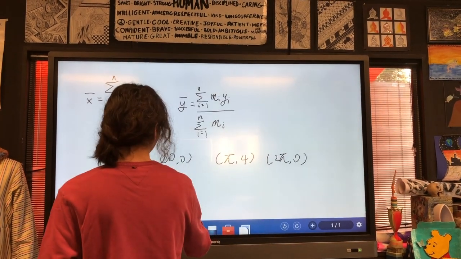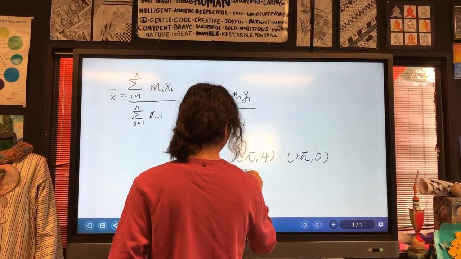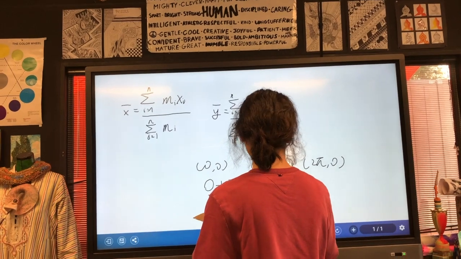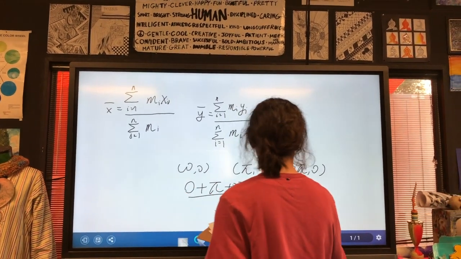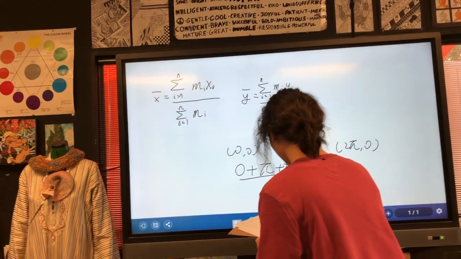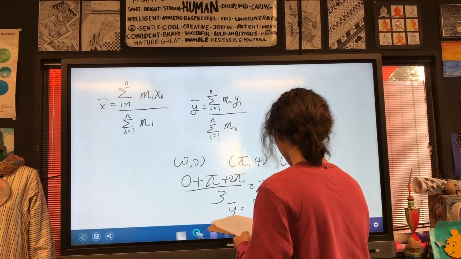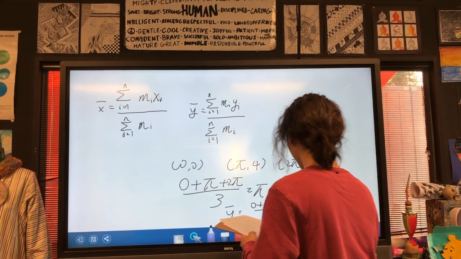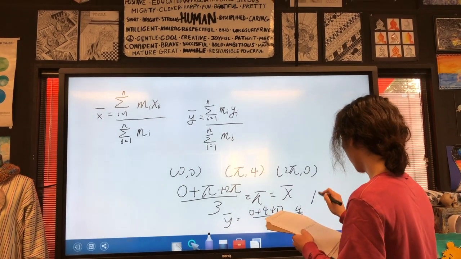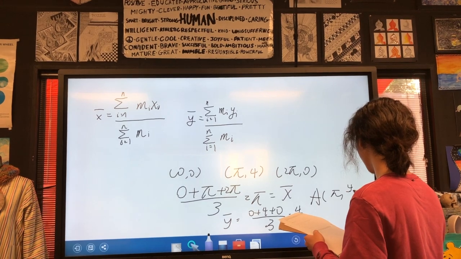The process is we add them up and divide by 3, and so we get pi for the x coordinate. For the y coordinate, we also add them up and divide by 3, so we get 4 over 3. So our G is pi, 4 over 3.